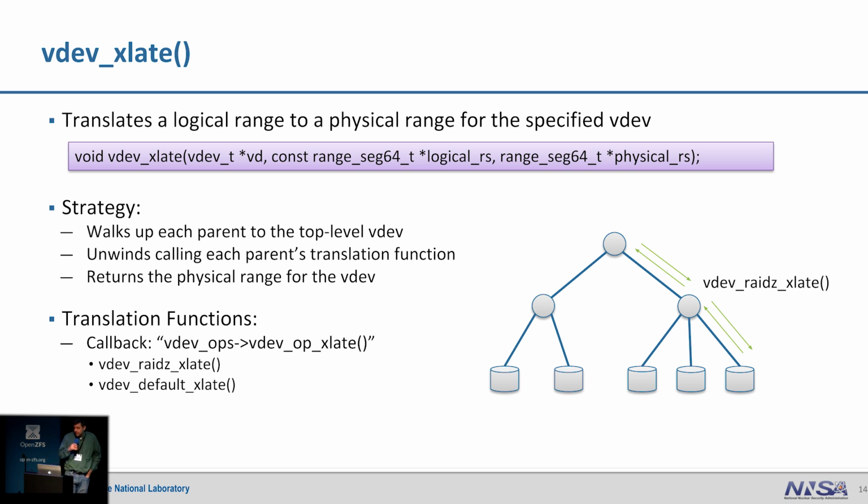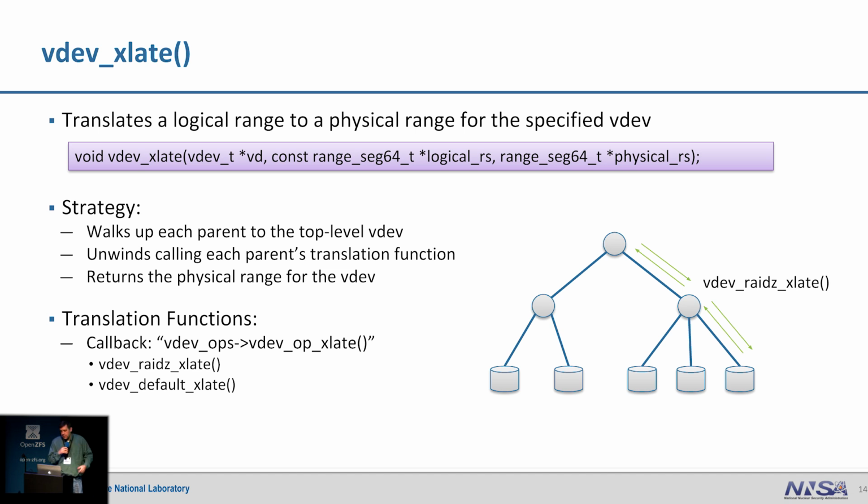So the strategy for this is pretty straightforward. Starting at the child, you walk up to the parent, basically, and once you find your parent, you initialize the logical range, and then you walk back unwinding the calls to the child, and there's a callback function registered at each of these levels that you can use to do this mapping. So by default, there's only two, right? There's one that's for mirrors and singletons, which is pretty straightforward. There's not a lot of complicated mapping that needs to be done there.